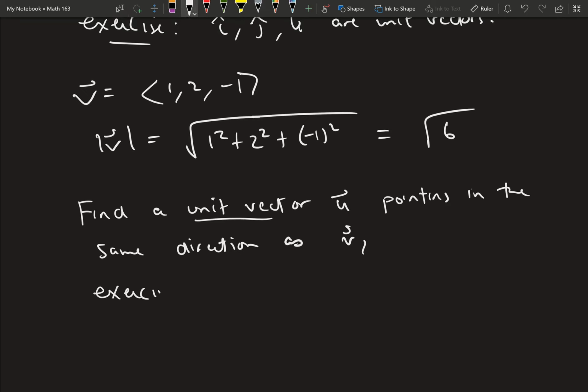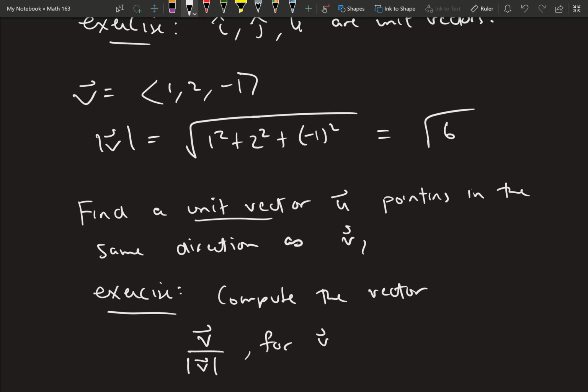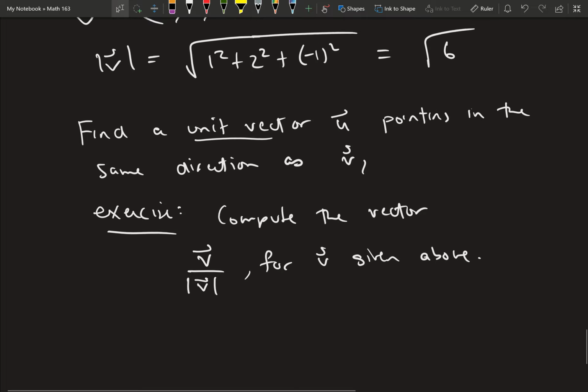So exercise: compute the vector v divided by the length of v for this particular v, for v given above, and show that it actually has unit length.